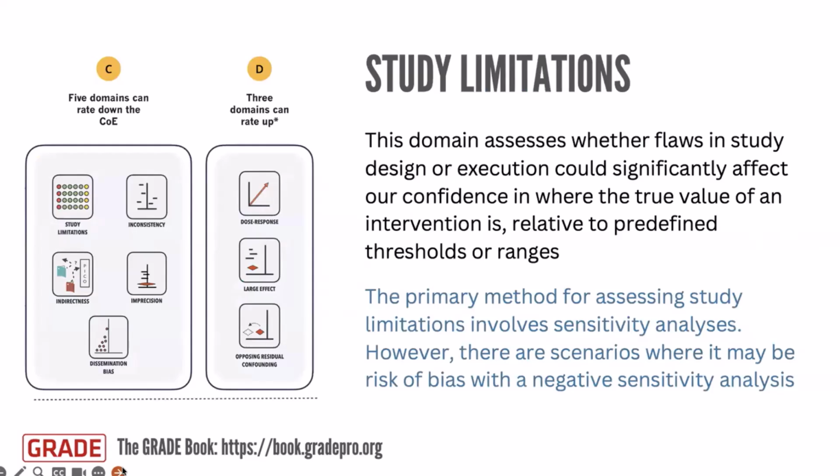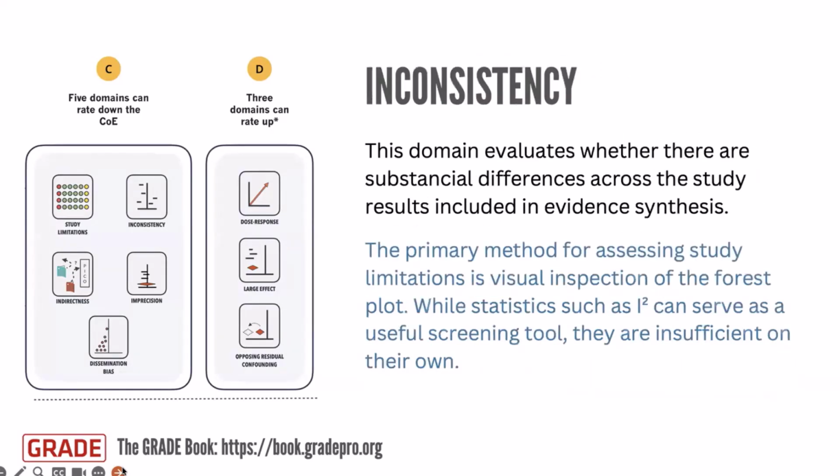So for example, I'm going to put in the first sample, study limitations. This domain assesses whether flaws in the study design or execution could significantly affect our confidence about where the true value of the intervention is. The primary method for assessing this involves sensitivity analysis. So I'm going to go a little deeper on this. And also inconsistency. So I'm just going to use inconsistency and study limitations as examples here, but you can apply the same logic to any of the GRADE domains.